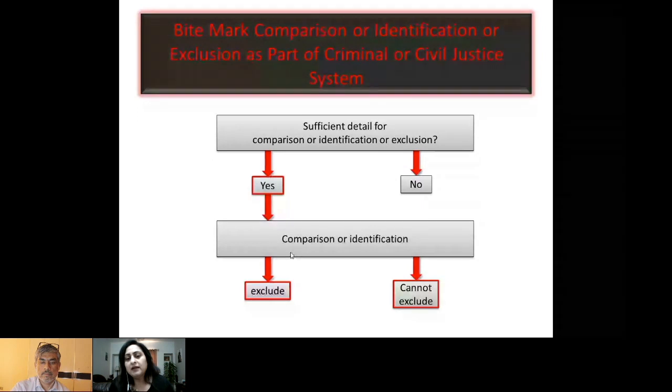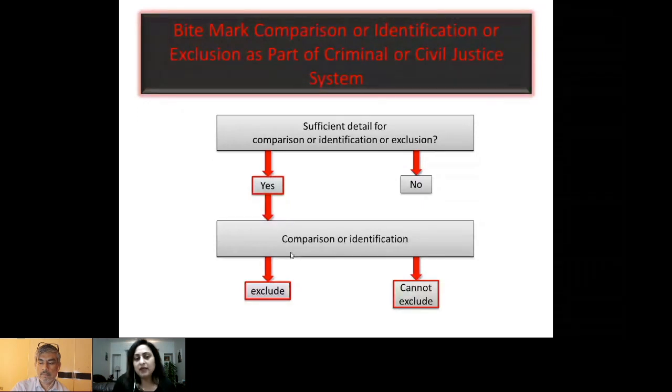And when we compare or identify the suspect, whether they can be excluded or cannot be excluded depends on that. So we have to follow the scientific protocols and the protocols given by the civil justice system and the scientific methods of obtaining the bite mark analysis. Everything has to be recorded in detail, and then the court decides, right?